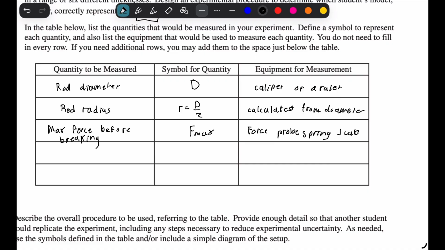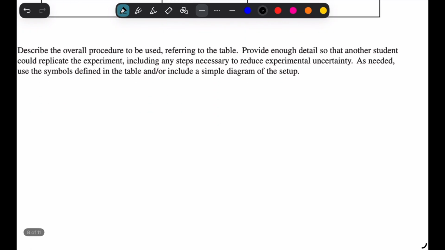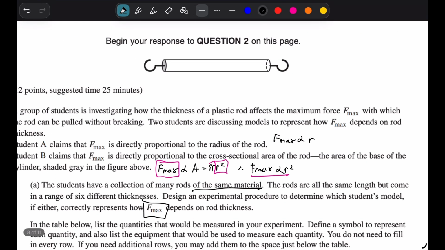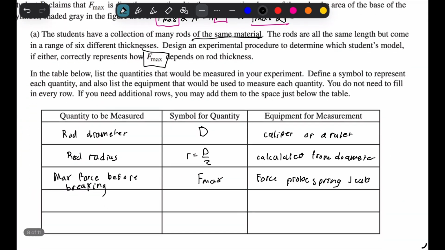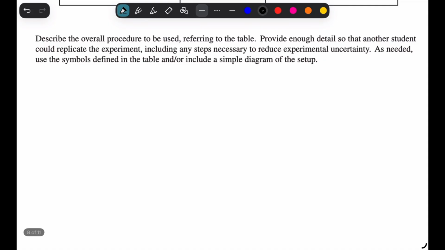Now, let's design an overall procedure with our variables here. So we have a spring setup. If you've done a lab in AP Physics, then this is just going to be remembering what you did from the lab, essentially. Now, let's just write some steps out. You're going to want to sort the rods by thickness.